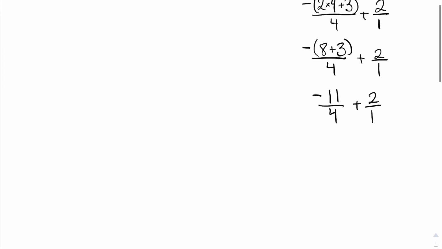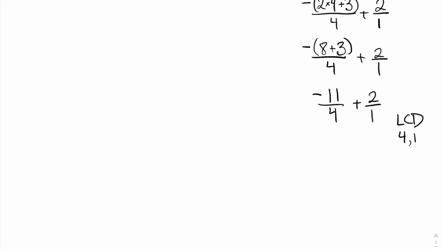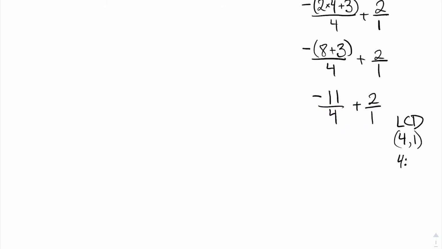Now it's just an addition of fractions, so I need to find the LCD. So I'm looking for the LCD of 4 and 1, the two denominators. Now from that, I'll list the multiples of 4: 4, 8, 12, and list the multiples of 1: 1, 2, 3, and 4.